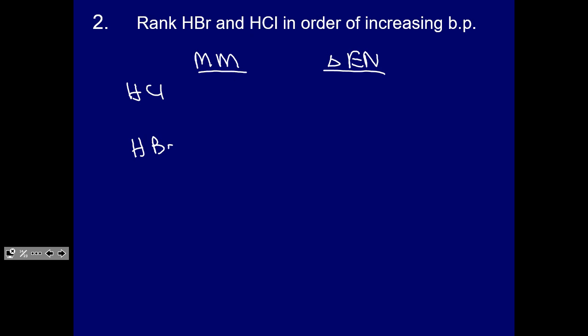Chlorine 35.5, so that is 36.5 grams per mole. HBr 80 plus 1, 81 grams per mole. Delta EN. What do we got for delta EN of HCl?